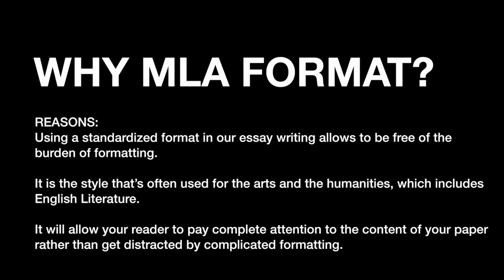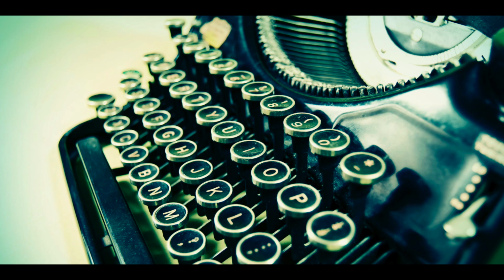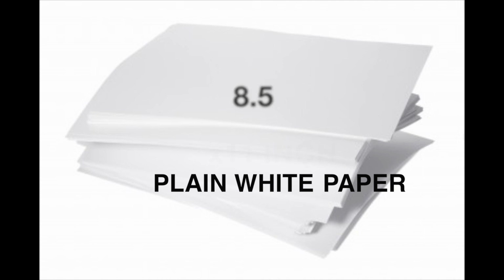So let's go over some general guidelines. This will be the first thing we talk about in terms of MLA formatting. Just some very basic expectations about how to structure this paper. The first is you want to type your papers in MLA format, and you want to do this on standard white 8.5 by 11 inch paper.